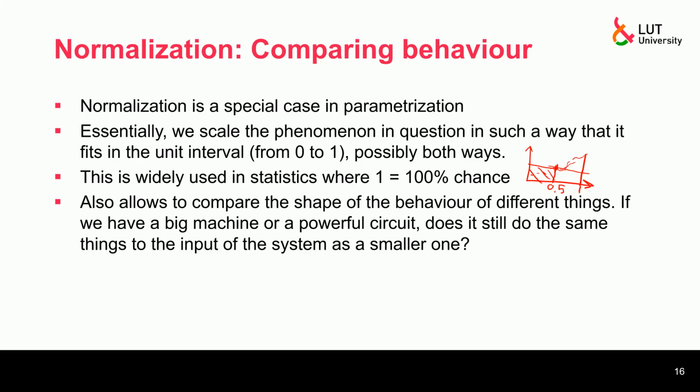Also, this allows us to compare shapes, so maybe we have 2 phenomena. One has the shape here, and the other has the shape here. When we scale them so that these go similarly, we can check, for example, whether these curve the same way.